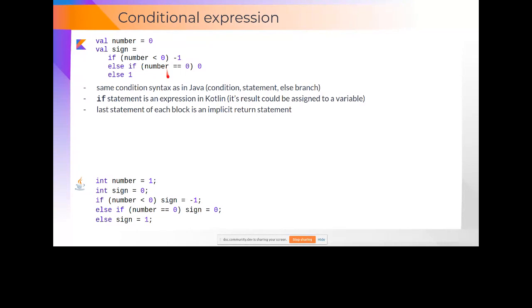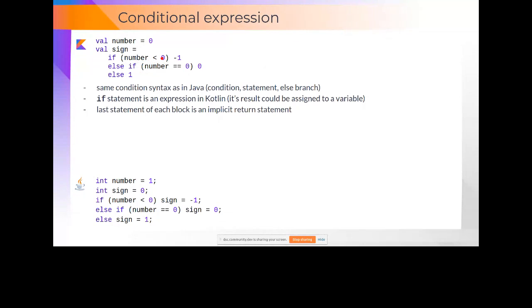And in every execution block, the last statement has an implicit return type. So this means, in this example, if the number is less than 0, we will return -1. Else, if it is 0, we will return 0. Else, we will return 1. And because it has a return type, we can assign it to a variable.